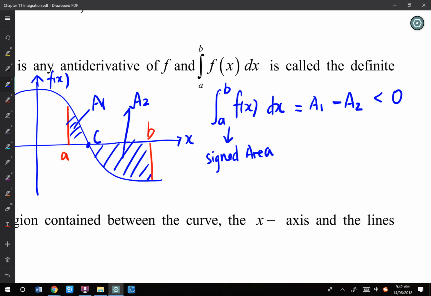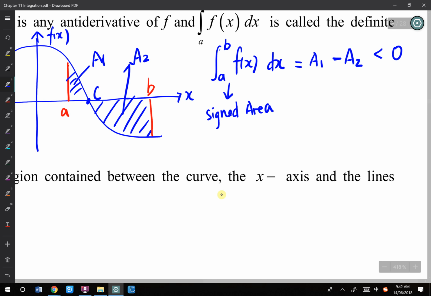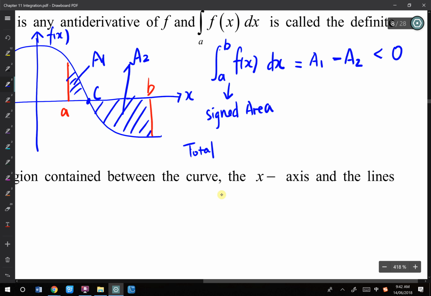So why do I ask you what area is shown on the graph? If you just compute that integral, it doesn't make much sense, because it's not going to give me this area plus this area. So you need to calculate them separately. A total area can be calculated by the integral from a to c of f(x) dx.